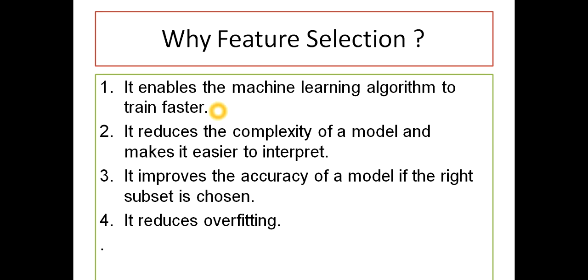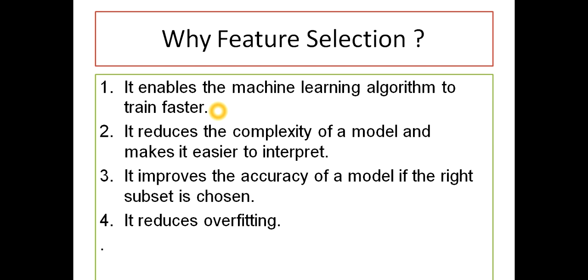If I give you one simple statement: if you feed less, then your output will be more efficient and more accurate. Feeding less obviously means less input data. If you extract only the relevant features and feed them to your machine learning algorithm, it is going to train faster.